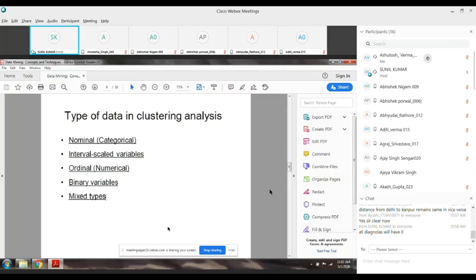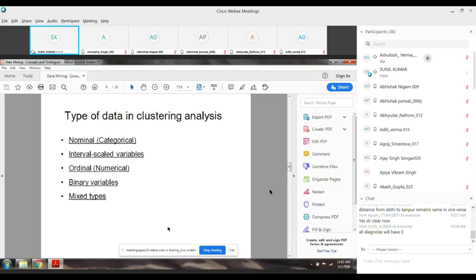So interval-scaled variables go like that. Ordinal imposes order, with numerical values. Binary variables, all of you know, are variables which have two distinct values, 0 and 1, and there is also the mixed type.